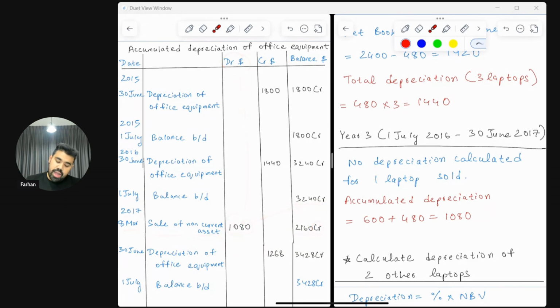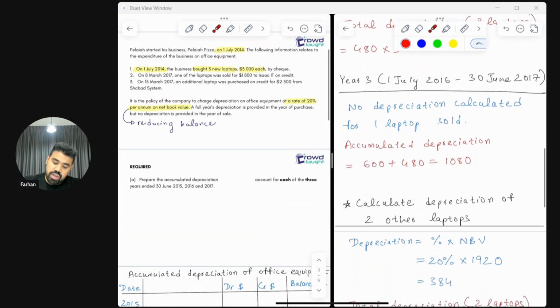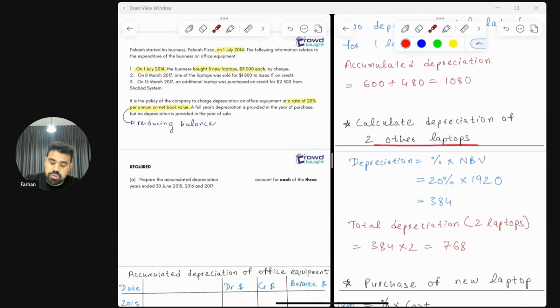All right, now let's move to calculate the depreciation in year 3 for the 2 remaining laptops from 1 July 2014, okay? Each of these 2 remaining laptops will be depreciated using the reducing balance method based on the company's policy. And they will all obviously have a full depreciation because they were not sold and they were still in use within the business for the entire year. So how do we find the depreciation for each of these 2 laptops?